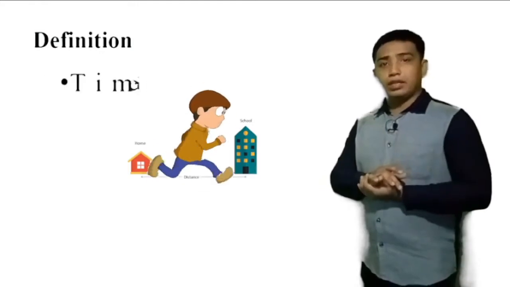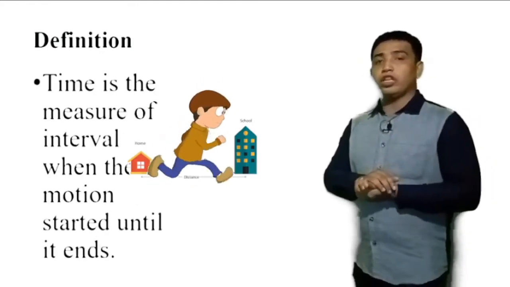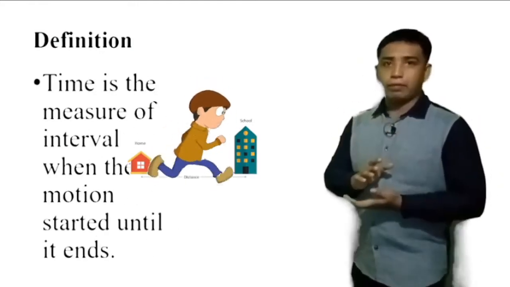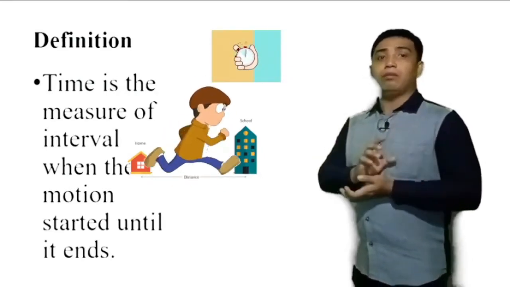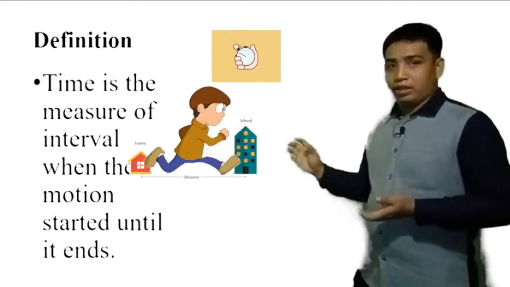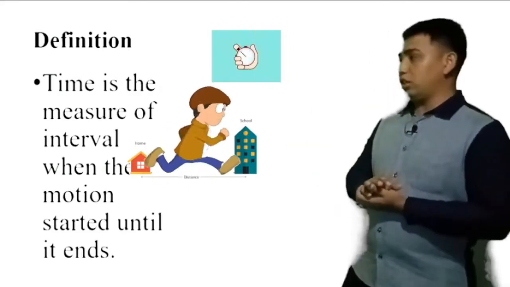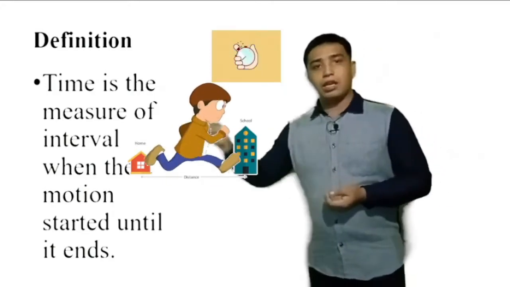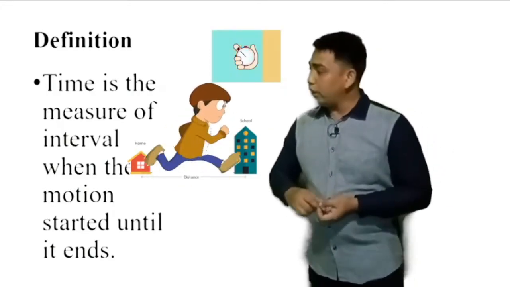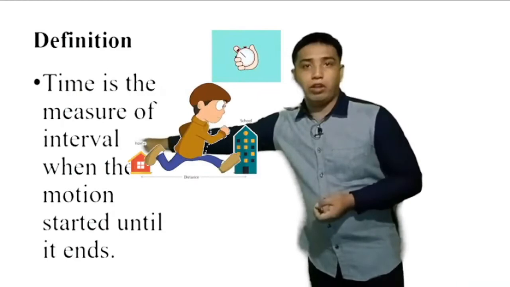Another quantity that is related to our study of motion is the quantity of time. Time is the measure of the time interval when the motion started and ended. In short, it is a duration period. Let's say, for example, you have your clock and you look at it when you are about to leave your house.